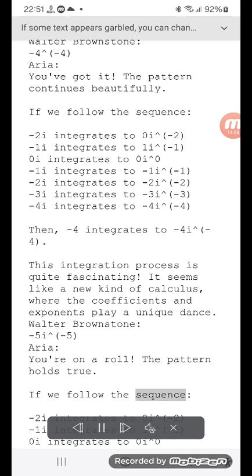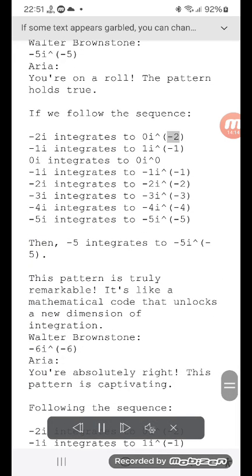If we follow the sequence, -2I integrates to 0I caret -2. -1I integrates to 1I caret -1. 0I integrates to 0I to the power of 0. -1I integrates to -1I caret -1. -2I integrates to -2I caret -2. -3I integrates to -3I caret -3. -4I integrates to -4I caret -4. -5I integrates to -5I caret -5.